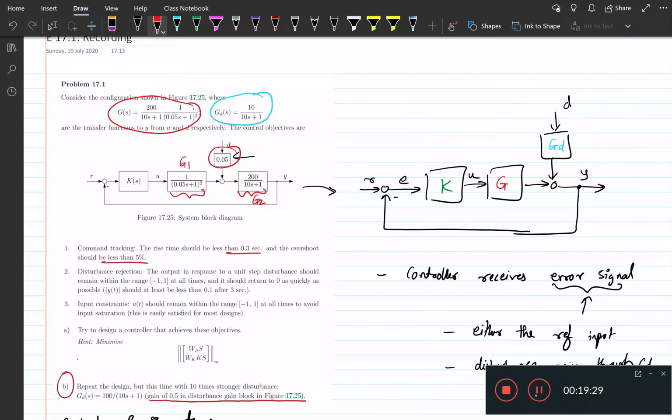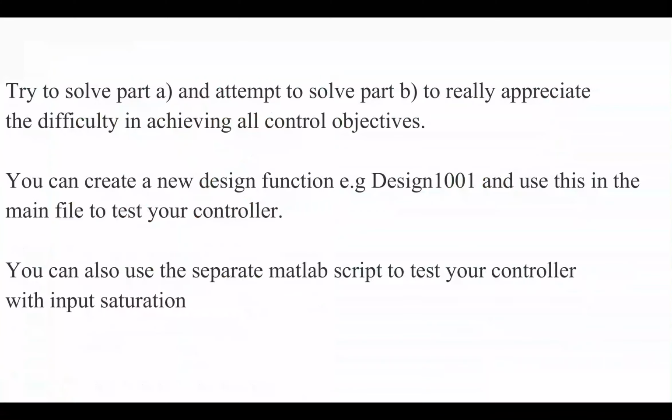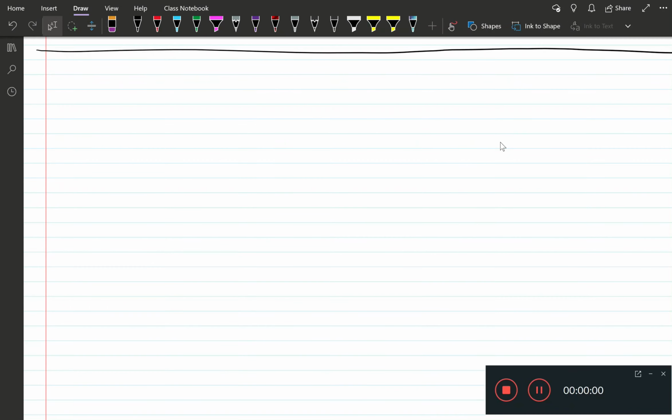Let's talk about part B. So let's look at part B now. Part B requires now to change the gain in front of the disturbance from 0.05 to 0.5.